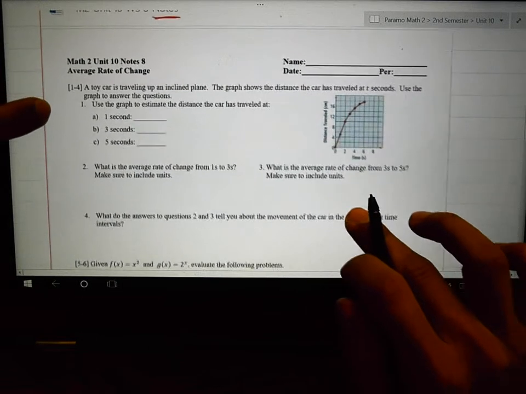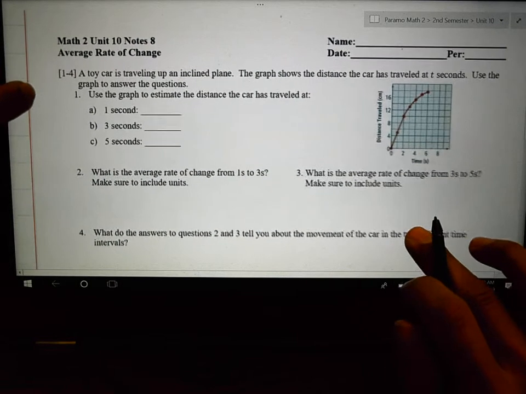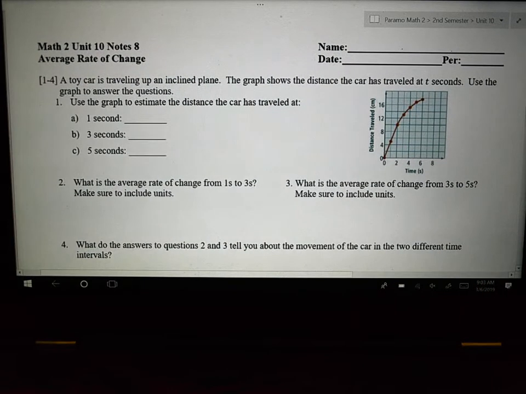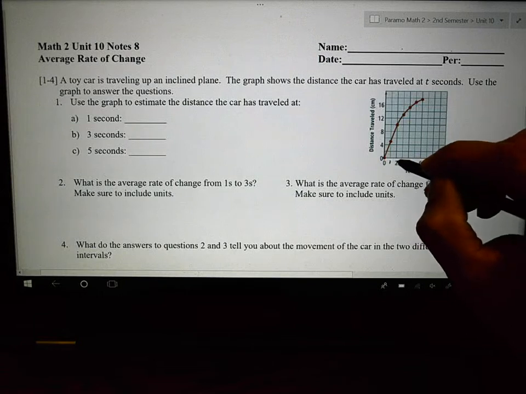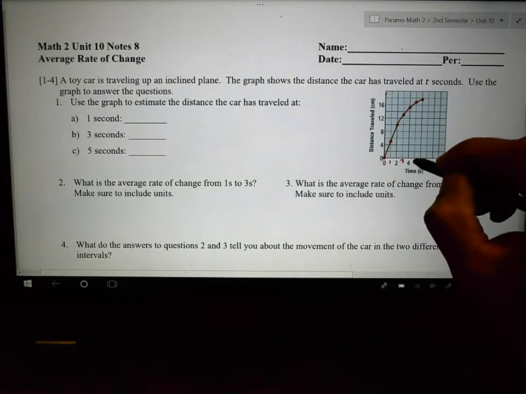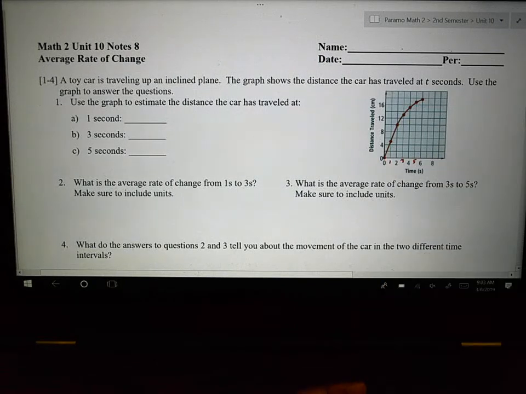This should look just like the same thing that I just passed out to you. It doesn't have some numbers on this graph, but I'm going to put them down anyways. When time is 1 second and 3 seconds and 5 seconds, it's kind of missing there, so I'm going to put those down.